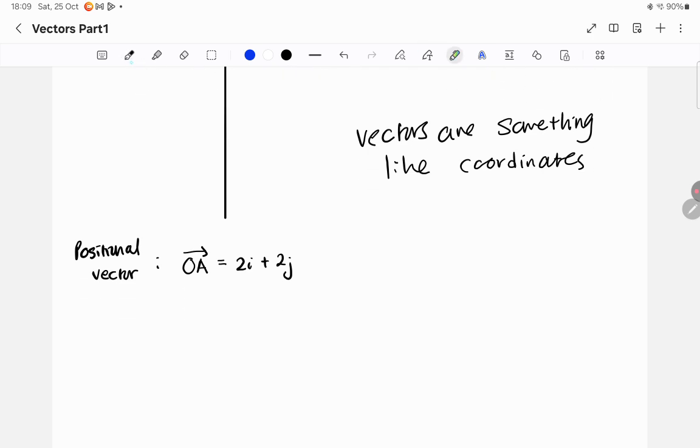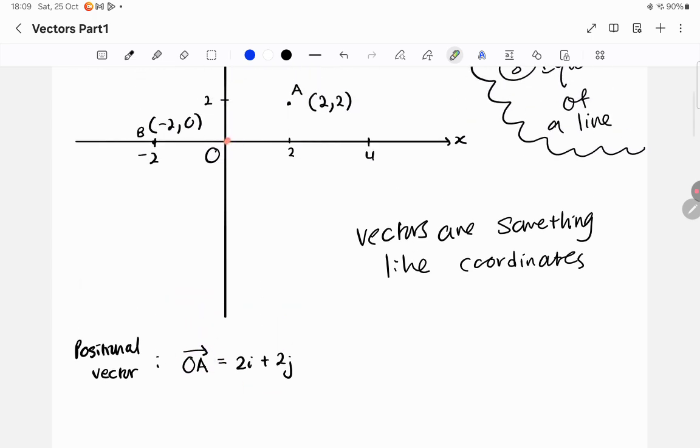Now, you might have a lot of questions in your mind right now, so I'm just going to explain them right now so you can understand what I'm trying to do here. For OA over here, you could think of the first letter as the starting point, and the second as the finishing point. So for this vector, we are starting from O and ending at A. This is our vector essentially.